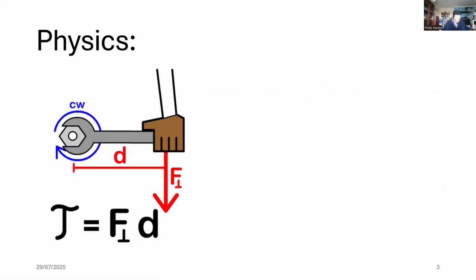So we go back to physics, back to first principles, and we have a look at torque. We can get a feel when we have a spanner and a nut, and the force we're applying there is an angular movement as we turn the screw or the nut.